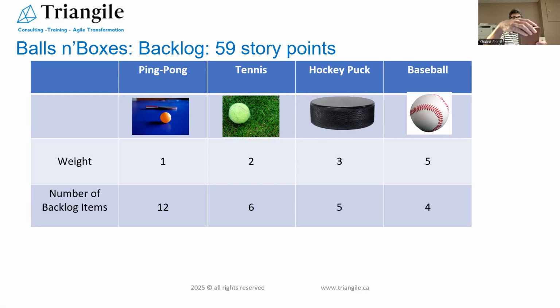You can see it's probably not closing. I used two hockey pucks, so now I have six, and maybe I can use two more ping pong, so we have eight, and maybe I'll just stop here.